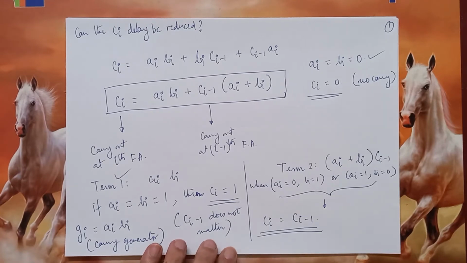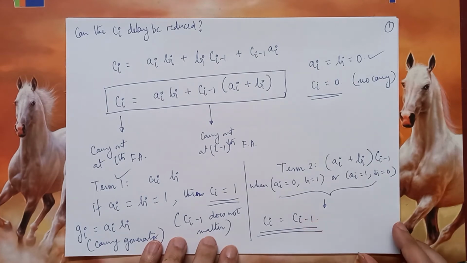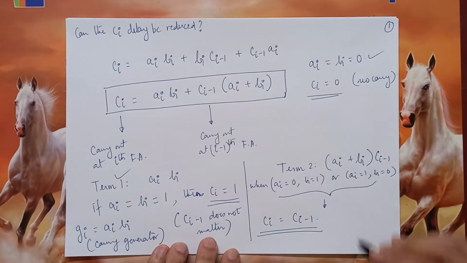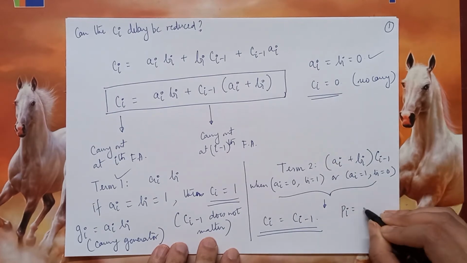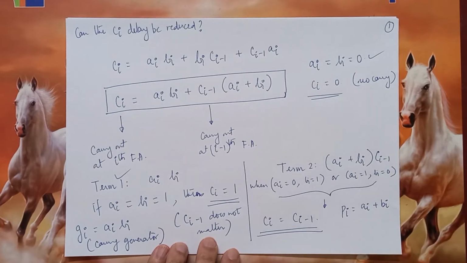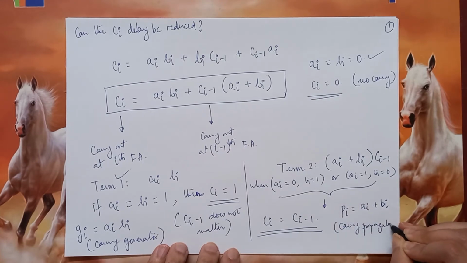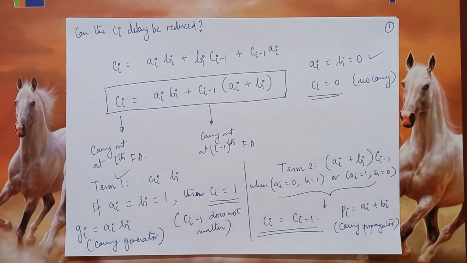So in this relation, where the previous full adder's carry output is becoming the present stage's carry, this is called carry propagation. And this term ai plus bi is called pi, because it's called the carry propagator.